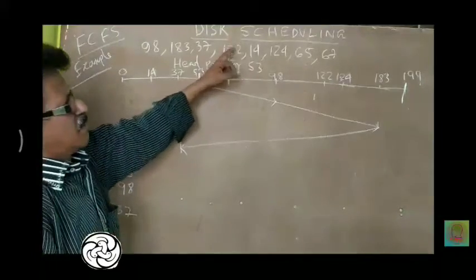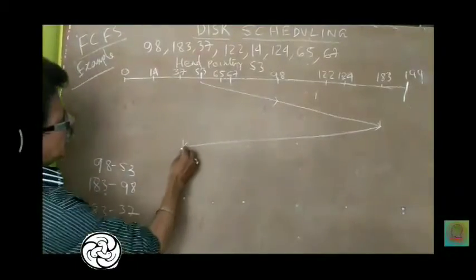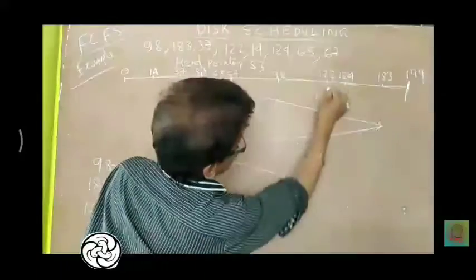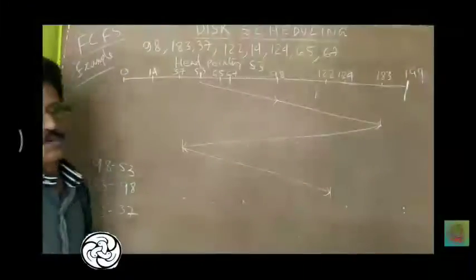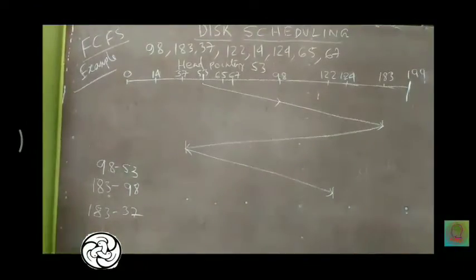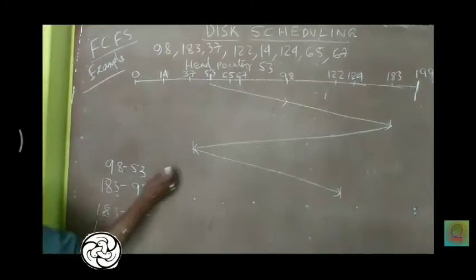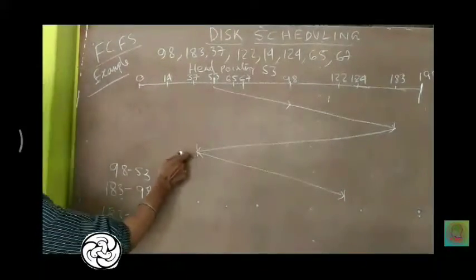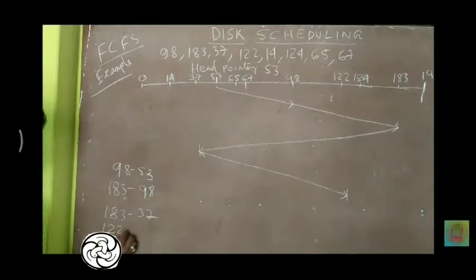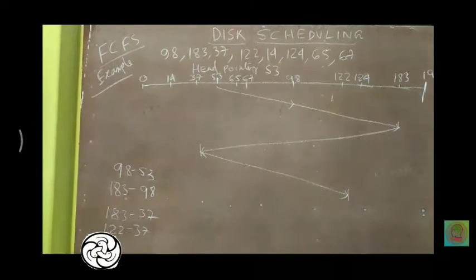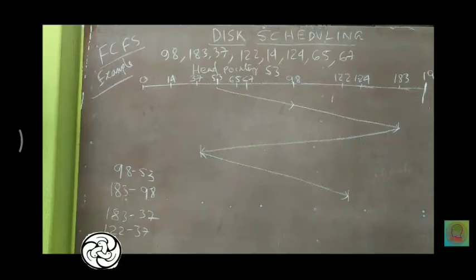Now, where do we have to go? Track number 122. Now again we have to move up. So how many head movements are required? We are at 37, and we move to 122, that means 122 minus 37.